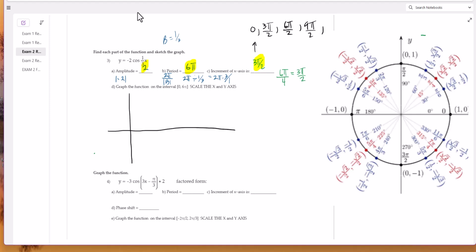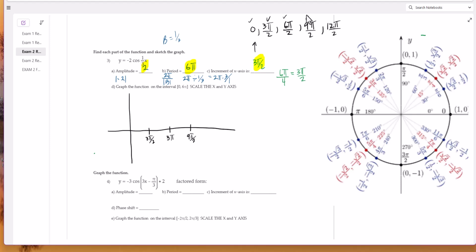Okay, so we've got the increment. We'll have 0. Then our first place will be 3 pi over 2. 6 pi over 2 reduces to 3 pi. Then we got 9 pi over 2. And then finally we got 6 pi.